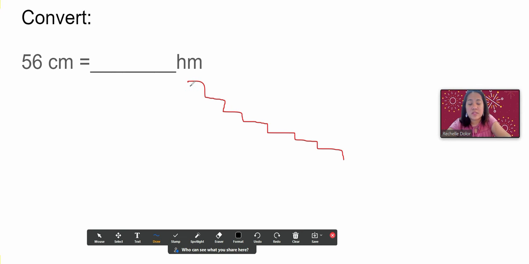Kangaroo helps dingo because dingo can't multiply. So our basic unit still is the meter here, right? So I have the centimeters and I need to stop on hectometers. So we need to jump to the left. How many? 1, 2, 3, and 4. So 4 times to the left.